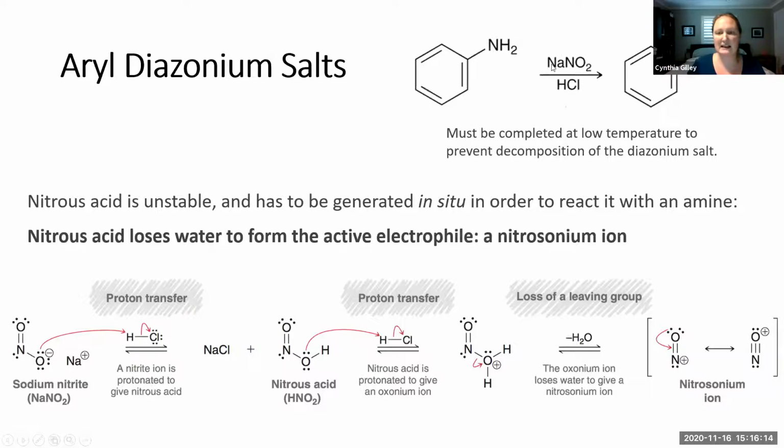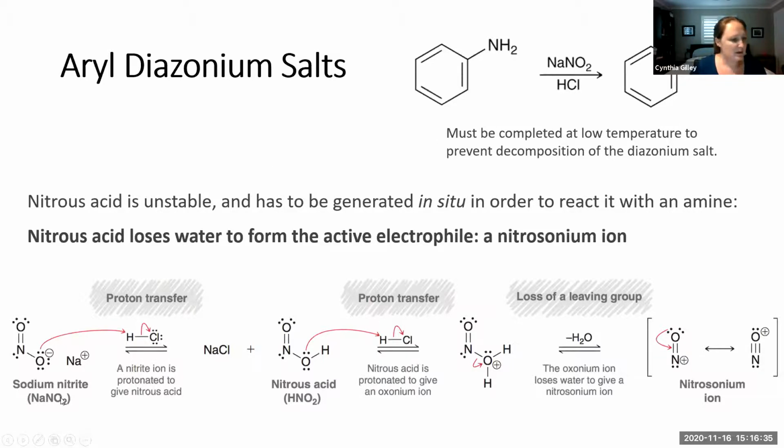So these two react together to form the nitrosonium ion before the aniline gets involved in the reactivity. So let's look at the process first to form the nitrosonium ion, and then we'll see the reaction of the nitrosonium ion with aniline to produce the diazonium salt.